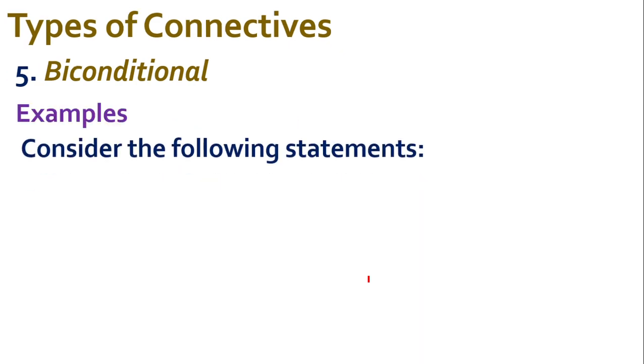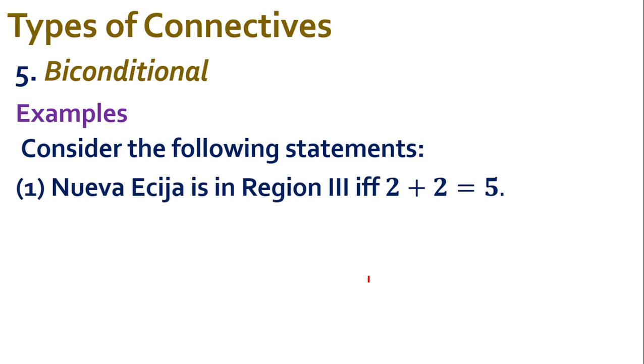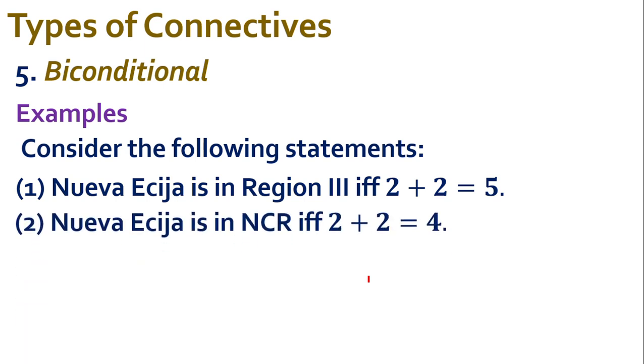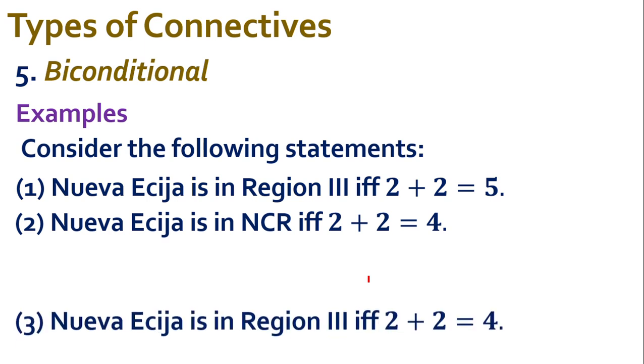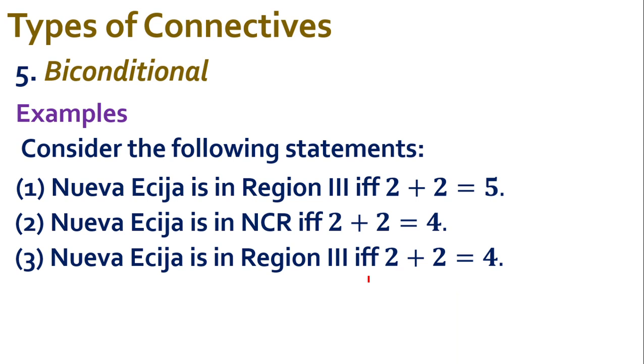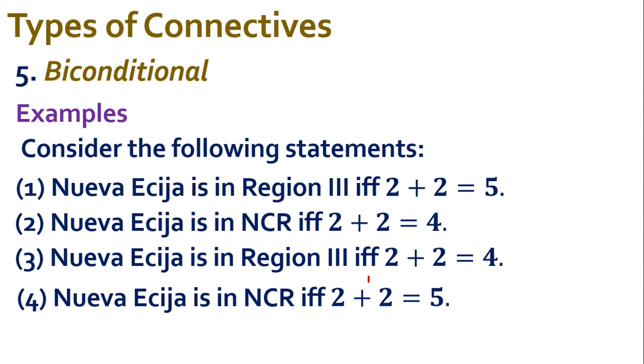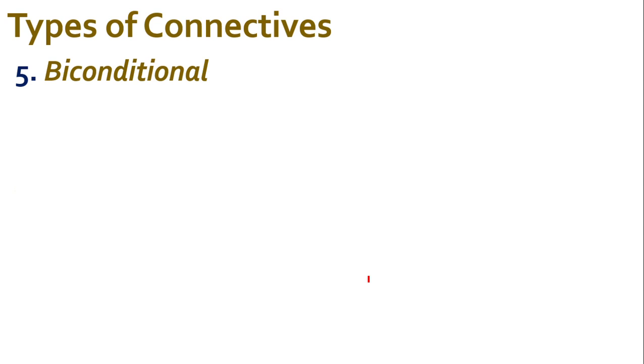So we have an example. Consider the following. Nevicia is in region 3 if and only if 2 plus 2 is equal to 5. Nevicia is in the NCR if and only if 2 plus 2 is equal to 4. Nevicia is in region 3 if and only if 2 plus 2 is equal to 4. And Nevicia is in the NCR if and only if 2 plus 2 is equal to 5.